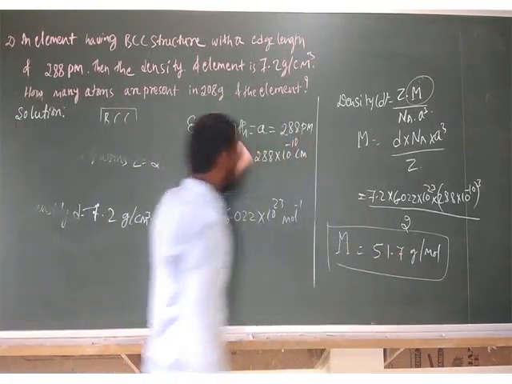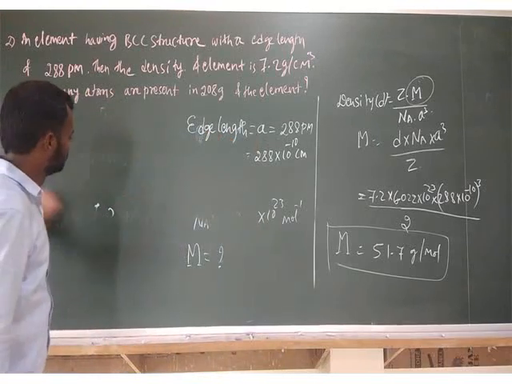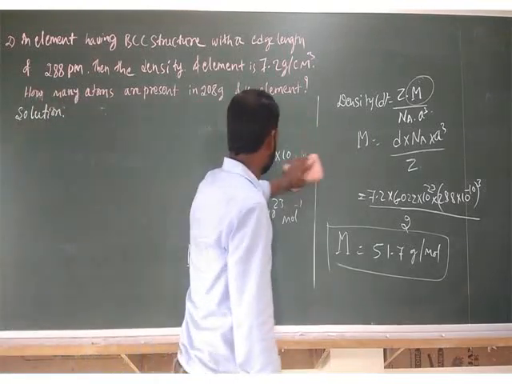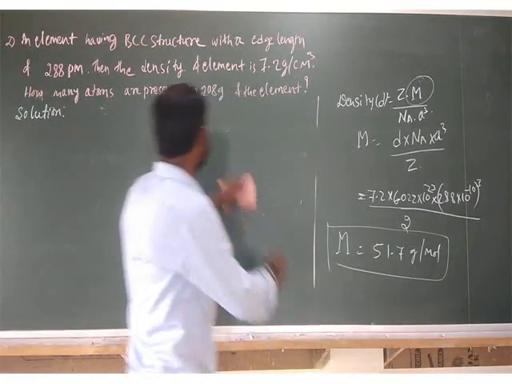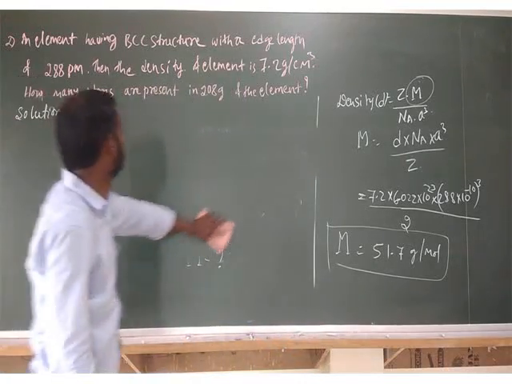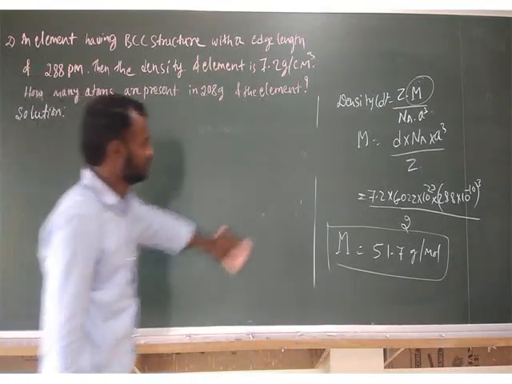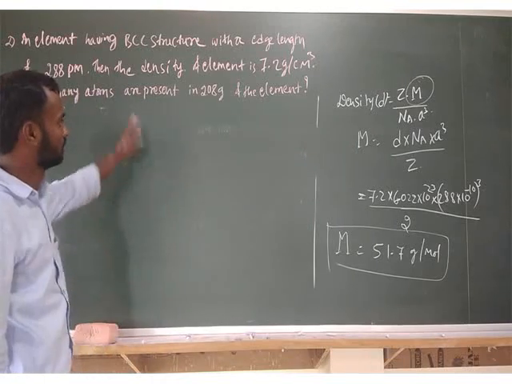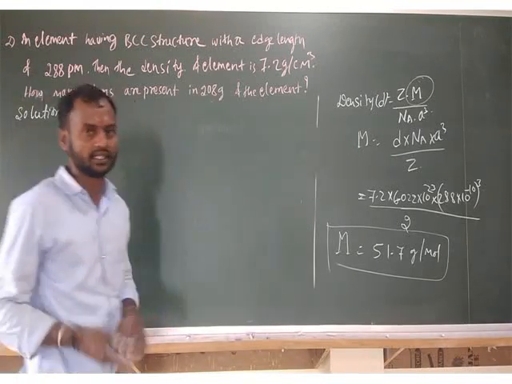51.7 gram per mole of this BCC crystal element. How many atoms are present in 208 gram?